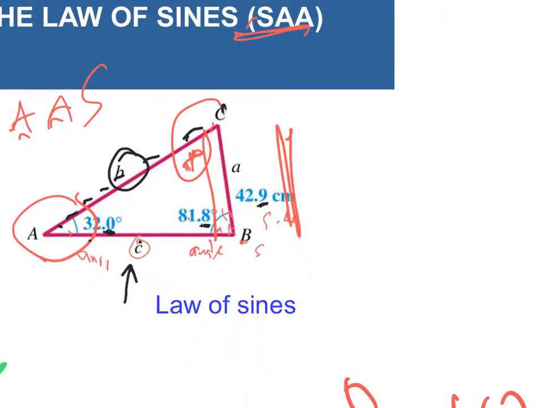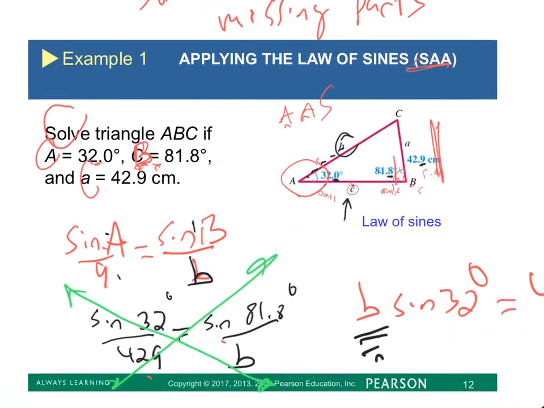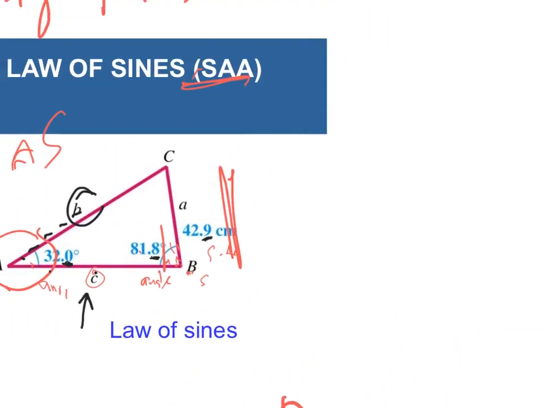I don't see angle C. Let me erase my mess. Maybe it's there, I just don't see it. No, even in the writing, he didn't give me angle C. No, I don't have it. So I have 2 things unknown.